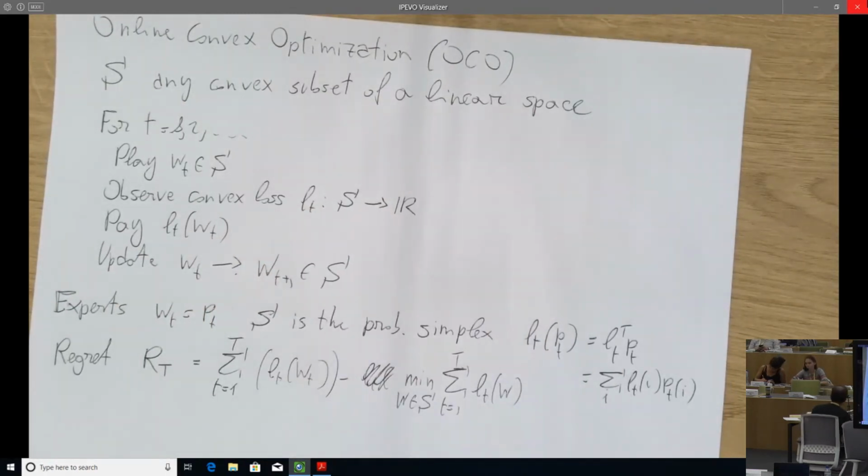Sorry, it was a little messy. It's just like before, we compete with the best action in our class, and we look at the cumulative loss of our algorithm.